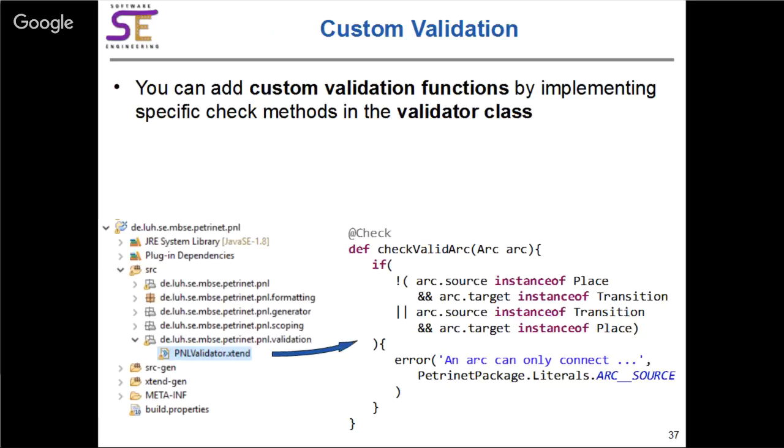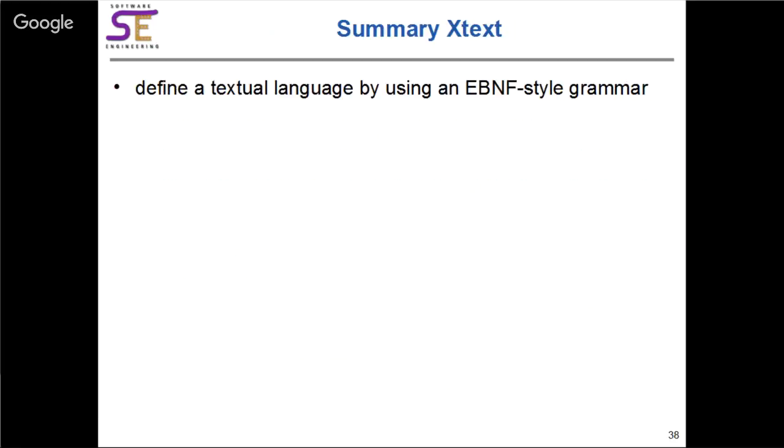But I would like to wrap up the Xtext part. What I have told you today, and what you have hopefully learned, is how to define a textual language with Xtext. We do so with an EBNF style grammar that refers to or is used to define Ecore model elements that can be generated.